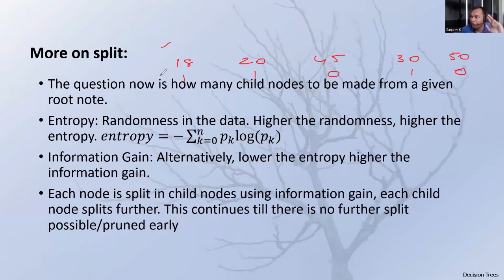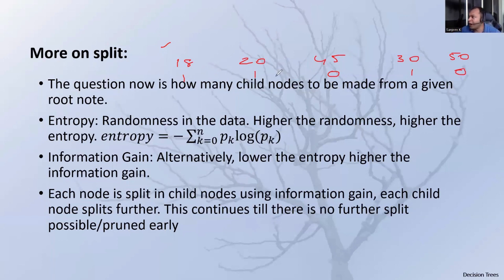Every record has an outcome. As I said, this is supervised learning. We already know what the ground truth is. The ground truth is that every record above 30 years is not eligible for loan, and every record below 30 years is eligible. In this case there are two outcomes, eligible and not eligible.